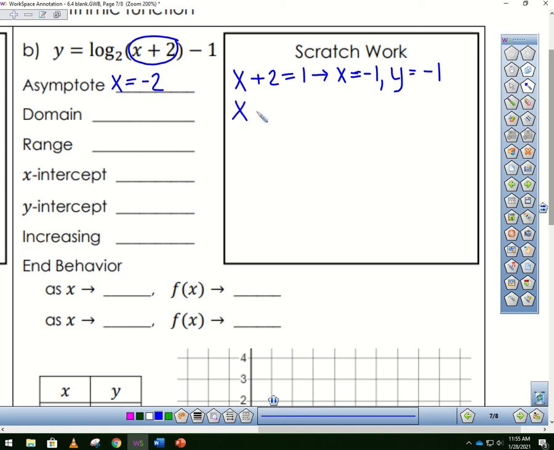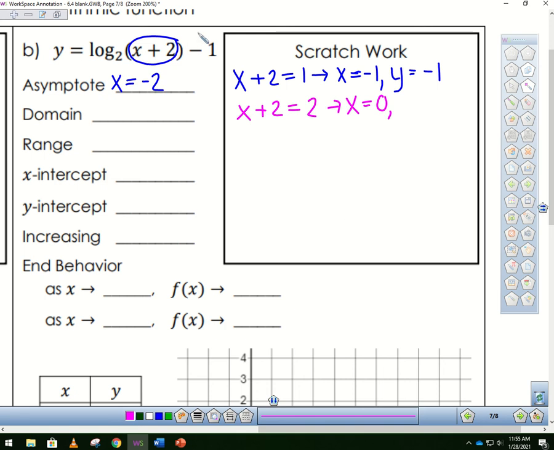And then we take the inside of our function. I'll do this in another color so you don't get confused. We take the inside of our function, and now we set it equal to what? What comes after 1? We set it equal to b, which is 2. Good. That's going to give me x equals 0.